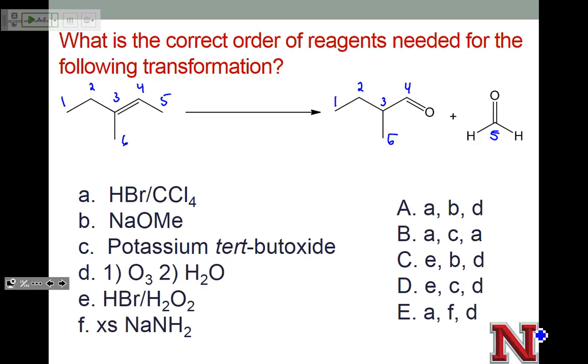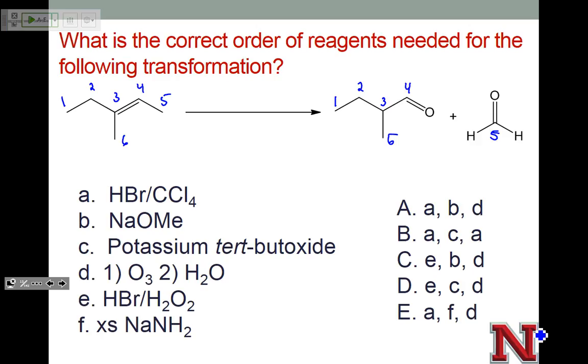Now, that means that our pi bond for ozonolysis has to be between which two carbons? To break the bond between 4 and 5 through ozonolysis, what does ozonolysis react with? What does our ozone react with? What functional group? What was this whole chapter reacting with?